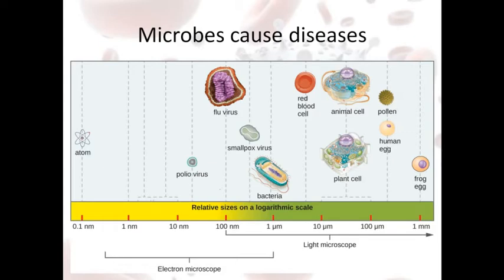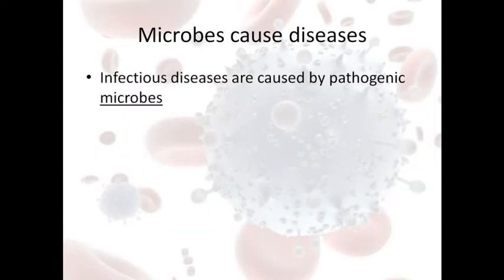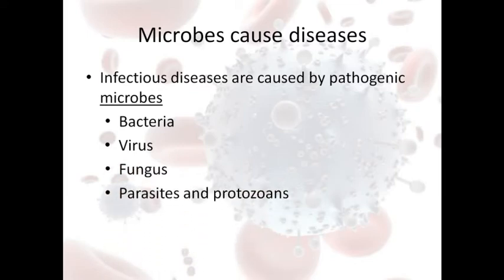So the microbes are really small, and you need special equipment to see them. So these microbes, as said, are bacteria and viruses, but then there's also fungi and parasites and protozoans that cause these illnesses as well.